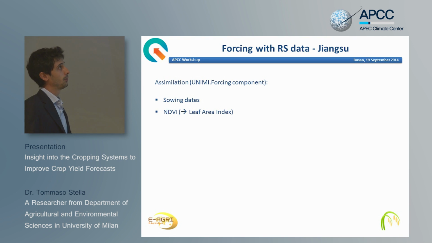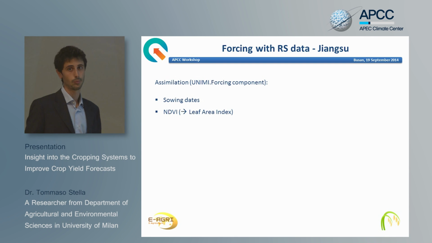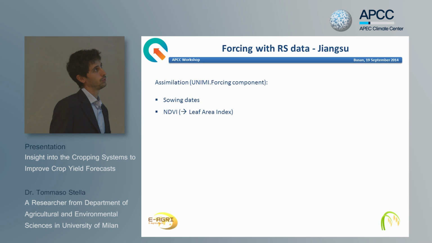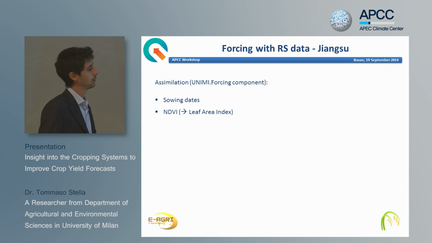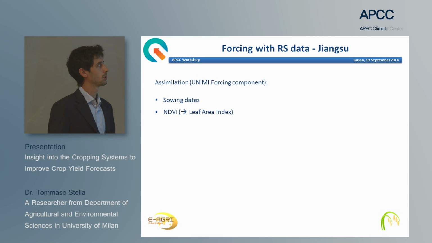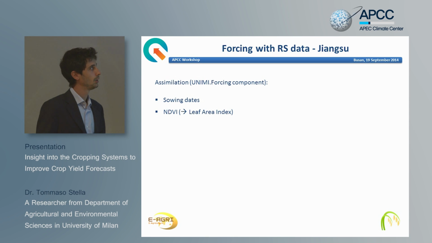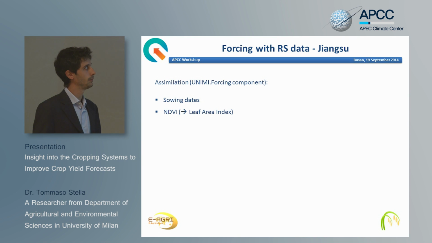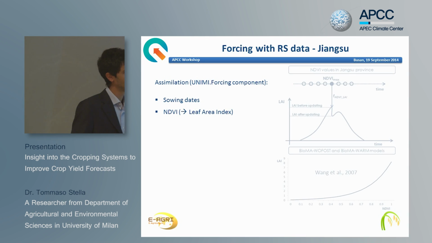Another experience of forcing, this time real forcing, with the updating of the state variable of the crop models with the remotely sensed data, refers to Jiangsu province, again rice, again a European funded project. We have our assimilation components, which assimilates the sowing dates and also calculates the leaf area index based on NDVI values.